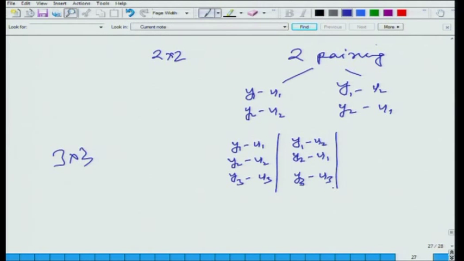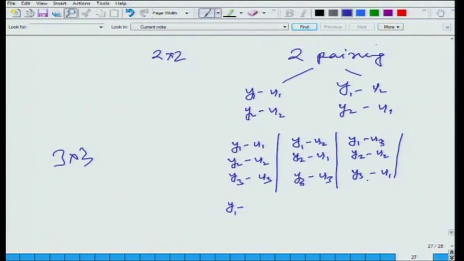Okay, that is number 2. Then I could have y1 u3, y2 u2, and then I could have y3 u1. Okay, then I could also have y1, oh man, this is getting confusing.